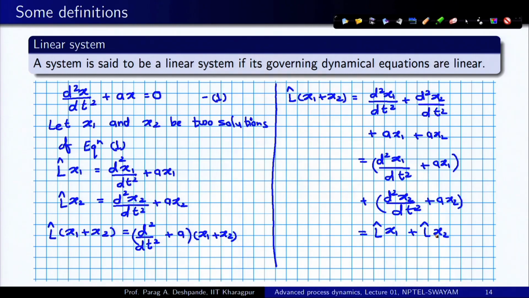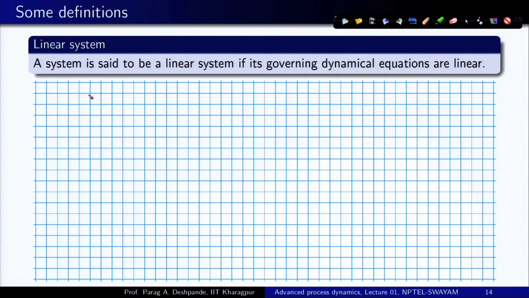Let us go and look into the second property. So, my equation is d 2 x by dt squared plus a x is equal to 0, and my operator is d 2 by dt squared plus a.